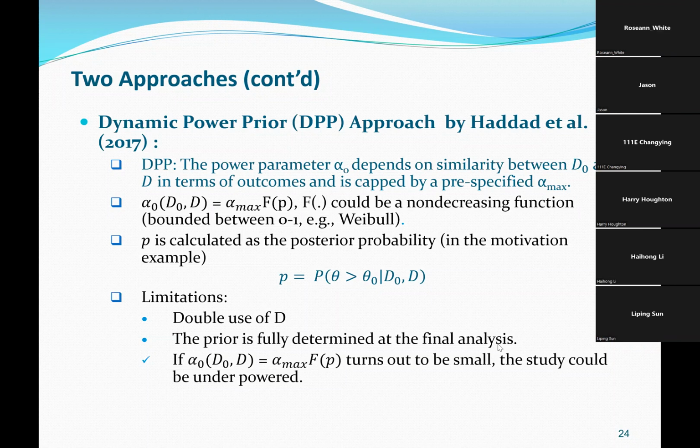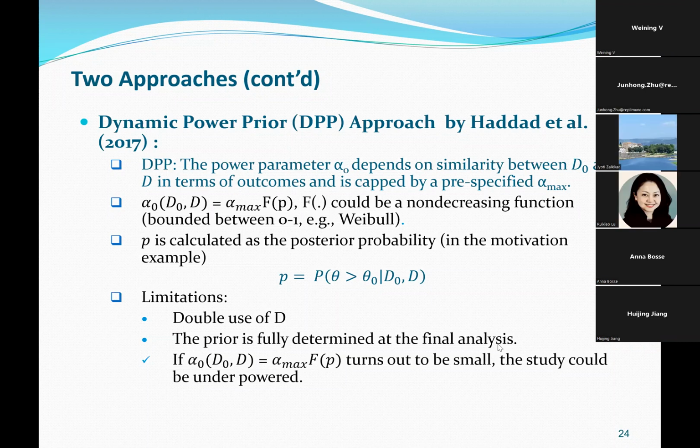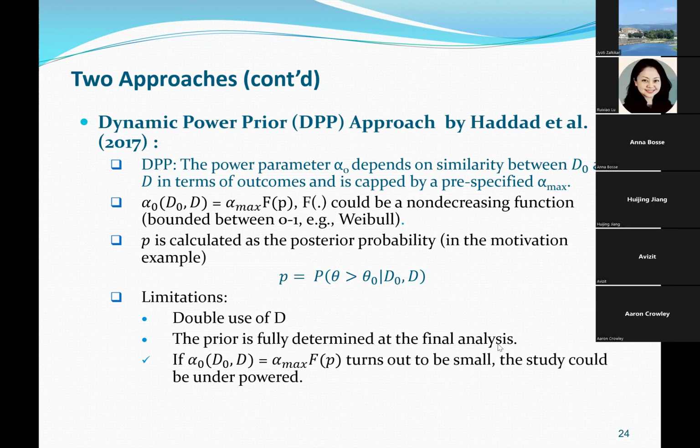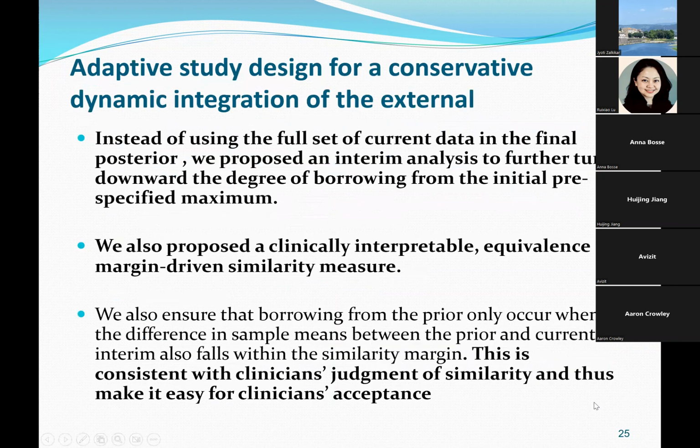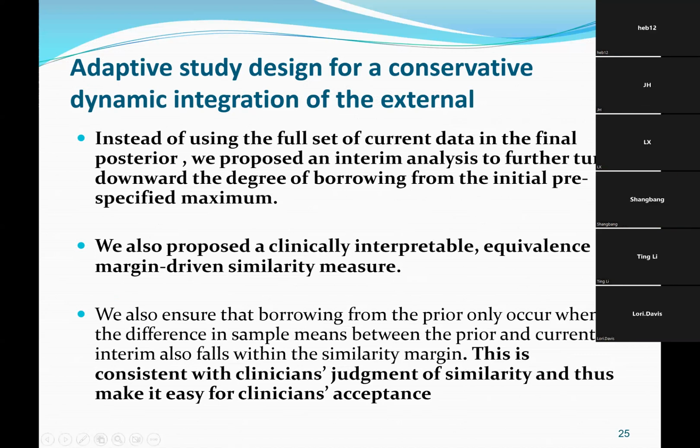And it's capped by, as I said, a pre-specified alpha max driven by clinical thinking and simulation to ensure the type 1 error is at an acceptable level. And then they also plug in the so-called Weibull function to fine-tune the degree of borrowing based on the hypothesis testing between D0 and the whole data set D.